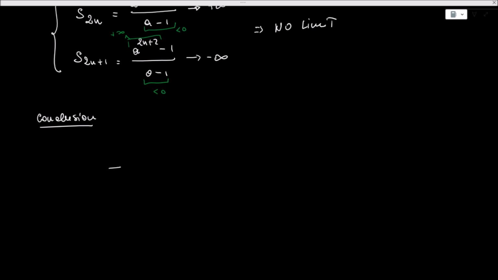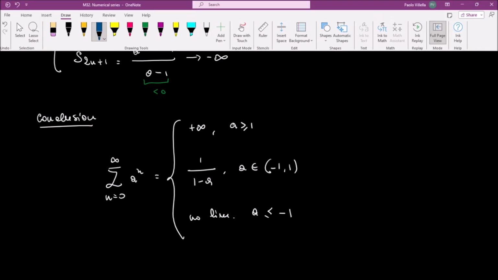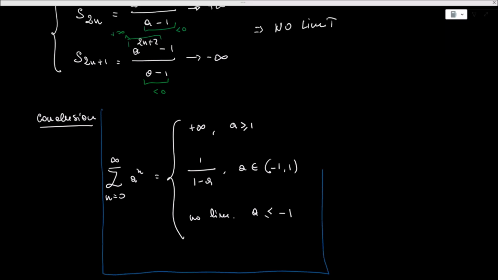We can say that the sum n goes from 0 to infinity of a raised to the n is equal to plus infinity if a is larger than or equal to 1, 1 over 1 minus a if a belongs to the interval minus 1, 1, and no limit if a is less than or equal to minus 1. And this is what we need to remember for the future. We will be using this geometric series on many occasions.